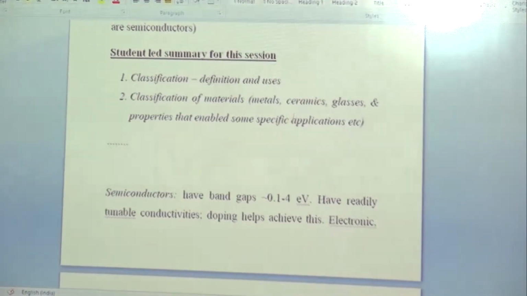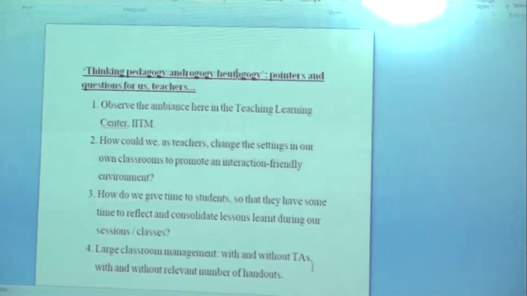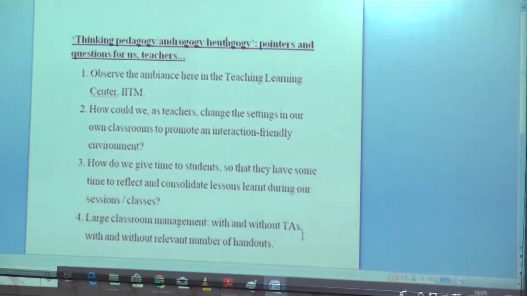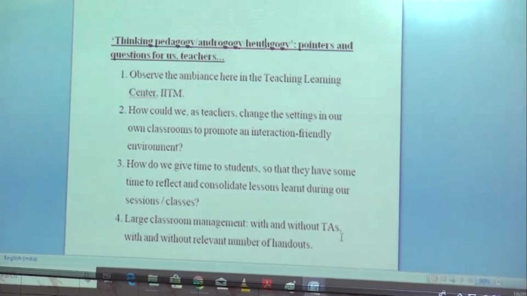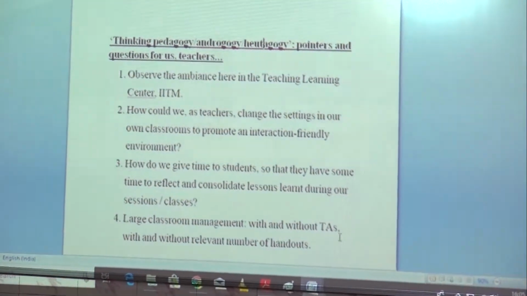And from an andragogy pedagogy standpoint, what we discussed today was the following. We started today's class by again observing this ambience and asking a few questions that are important for teachers who would like to live an introspective life and conduct introspective lessons.